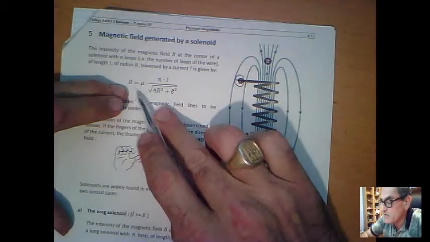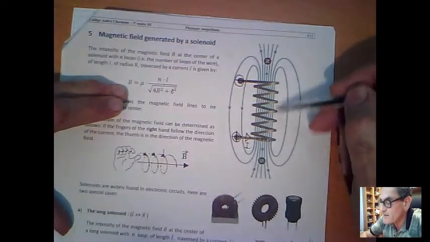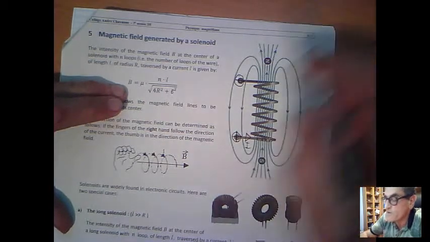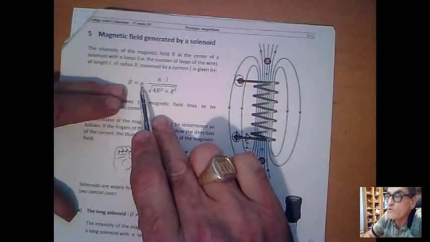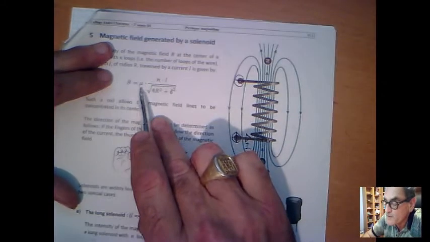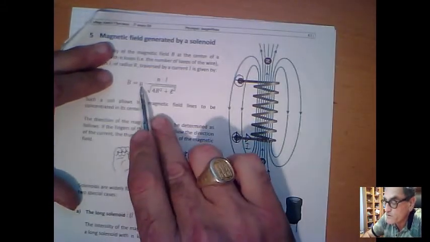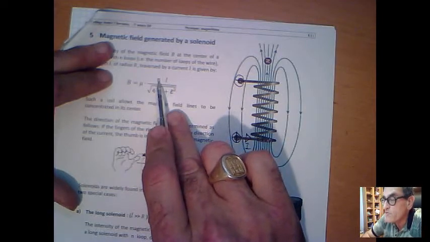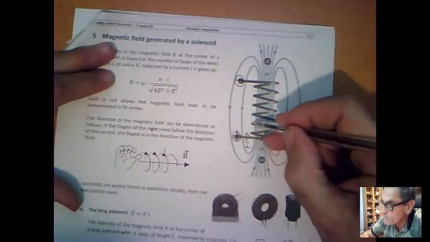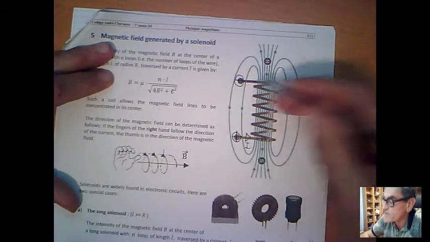So the magnetic field inside this coil, it's interesting to interpret the formula, is given by what? Okay, there is the mu, the constant of magnetic permeability, which always comes in this expression for the magnetic fields. Then here you have the number of loops. Okay, here you have a number of loops. You have 1, 2, 3, 4, 5, 6, 7.